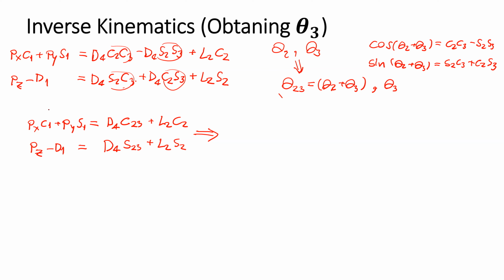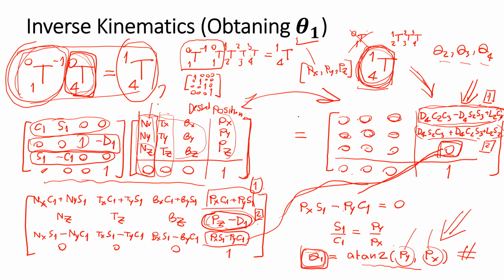It means Px C1 plus Py S1 squared. From the previous step, we know theta 1, right?